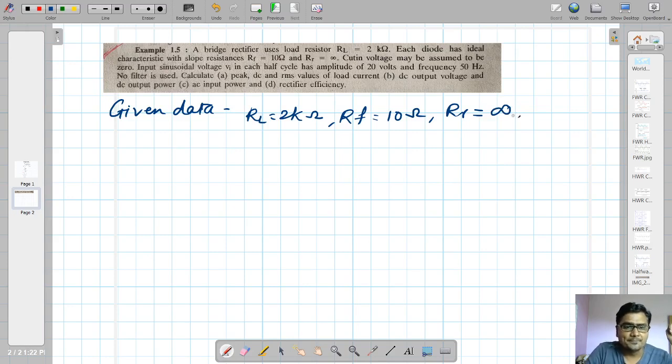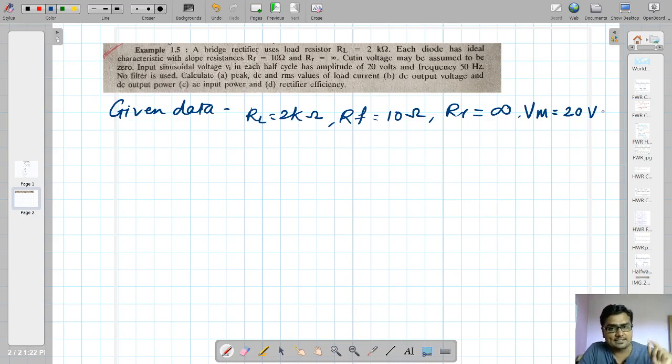Yes, no issue. Then the input sinusoidal voltage Vi in each half cycle has an amplitude of 20 volt. It means Vm is specified. Vm is 20 volt. Read the sentences carefully. Input sinusoidal voltage means the voltage available at the secondary of the transformer, that is Vi.